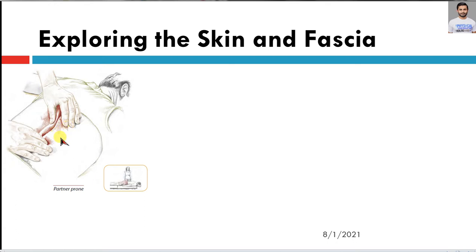The skin and the fascia are more mobile on the peripheral region, but as you come to the central region, it becomes more stagnant and more thick, because the spinous process has the supraspinous ligament, which is continuous with the subcutaneous tissue of the skin.